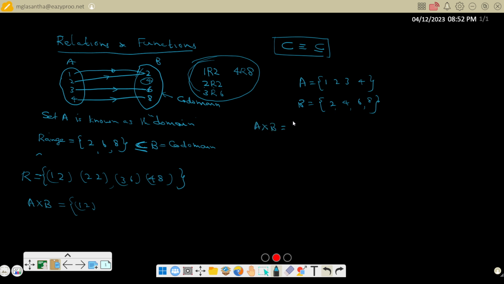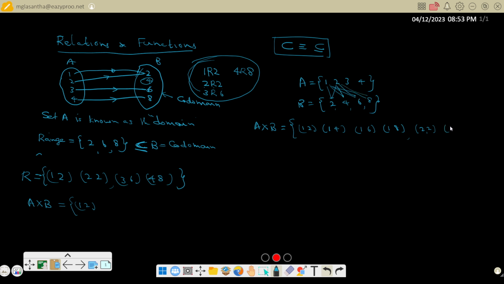A cross B is actually, you take 1 with 2, 1 with 4, 1 with 6, 1 with 8. Then you can take 2 with 2, 2 with 4, 2 with 6, 2 with 8.